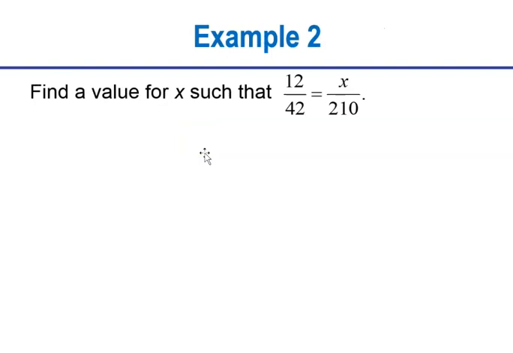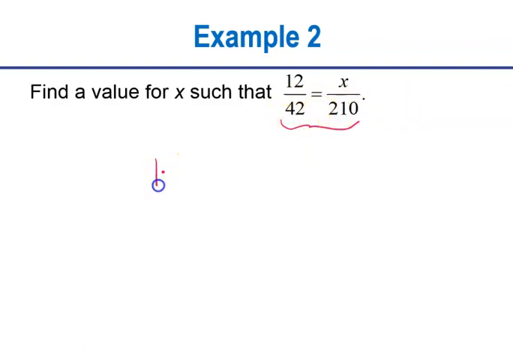It says find a value for x such that 12 over 42 is equal to x over 210. So how could we possibly handle this problem? What do you think we should do first? My thought is we really need to know what we multiplied 42 by to make it 210.